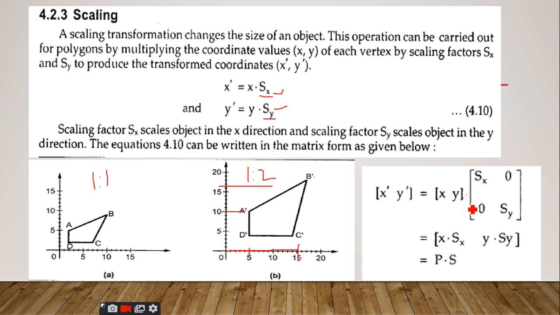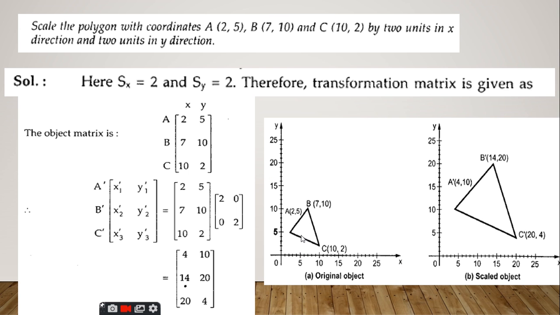This is the scaling matrix we use. When we multiply, we get x into sx and y into sy. This is P into S, which we call P dash. P dash is nothing but P into S.